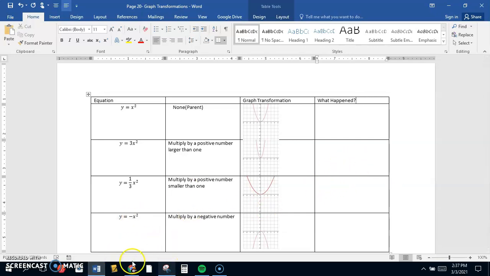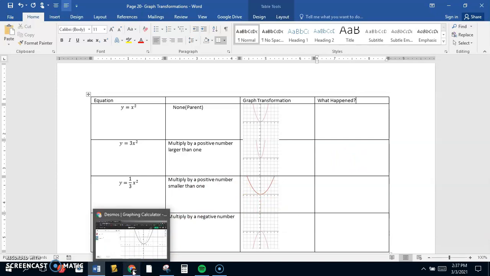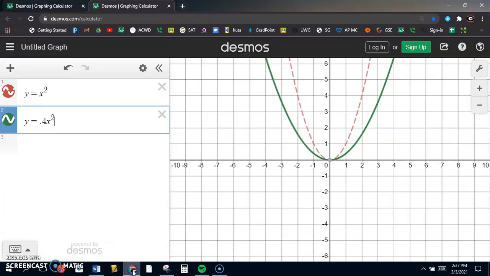The last thing that we're going to explore is what happens if you multiply by a negative. Now, a quick note here, when it comes to stretch versus shrink, that is narrow versus wide, the negative doesn't count. So if I have a number like -2, for example, we only look at the 2 to determine stretch versus shrink. But if I make it negative, let's just make it -1 to see what happens here.